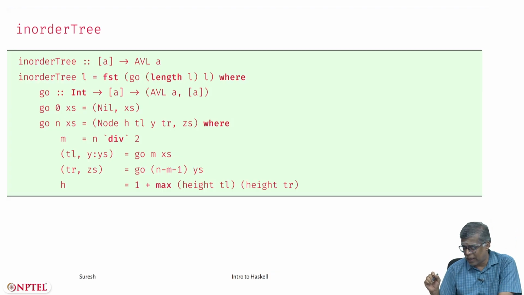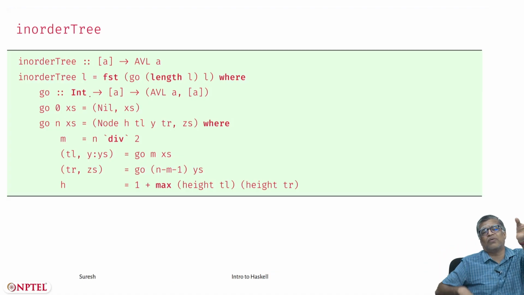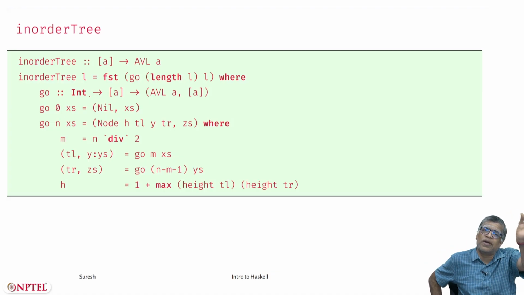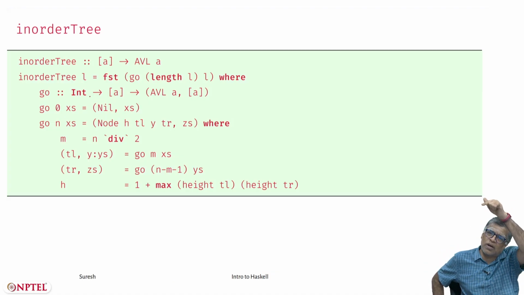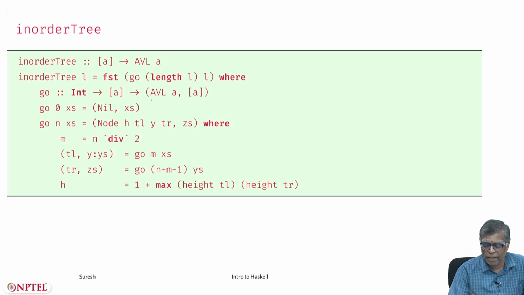This works in order n time, that much is clear. But what I need to do first is this go, which will take an integer and a list, and it will try to create a tree with the first k elements of that list and return the remaining elements as a list. So that is this pair.